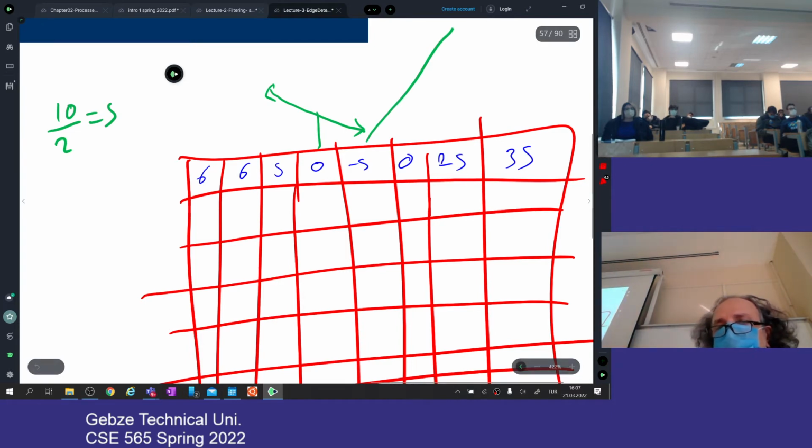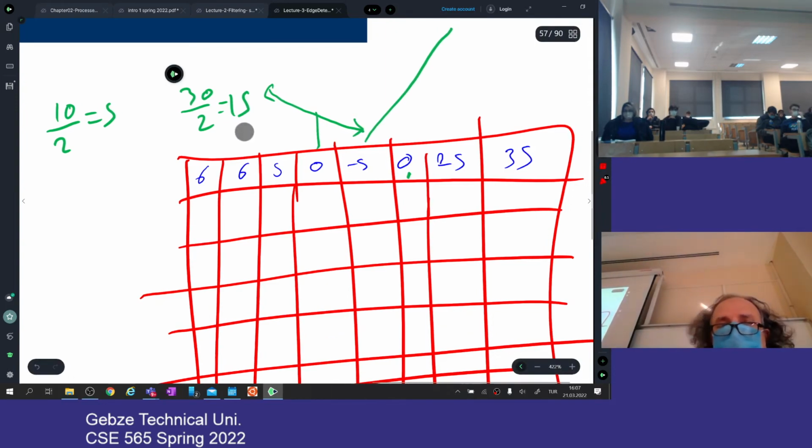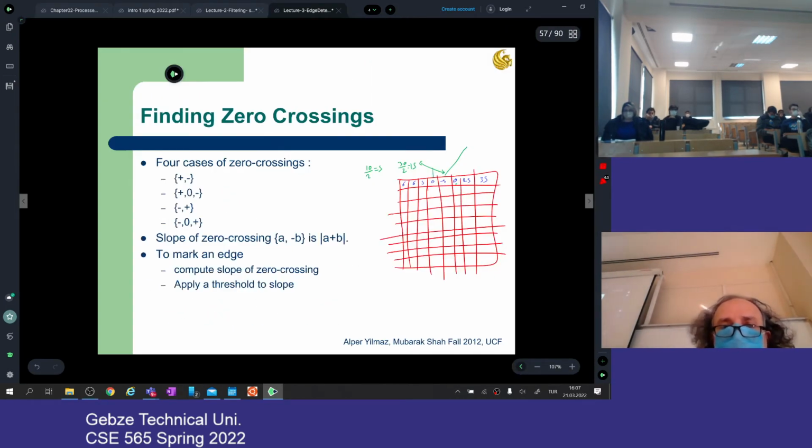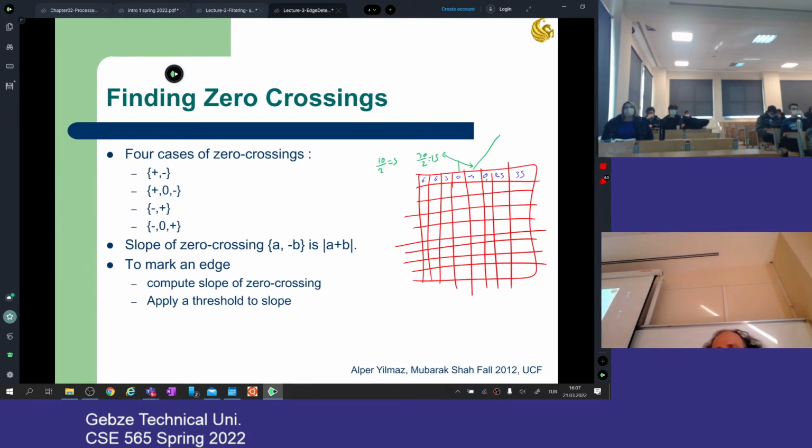There is a zero crossing again, and it's going to be 30 over 2, 15. The slope of the zero crossing is 15 here and 5 there. Apply a threshold value to the slope, and that will give you the edges.